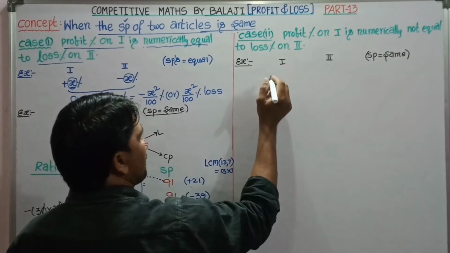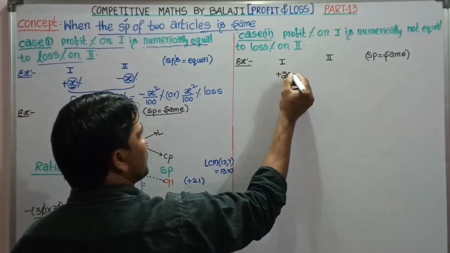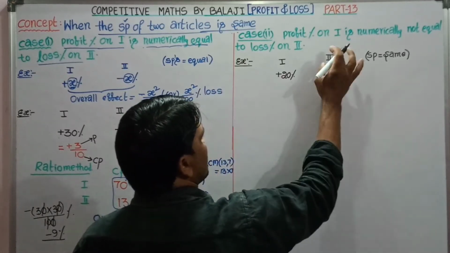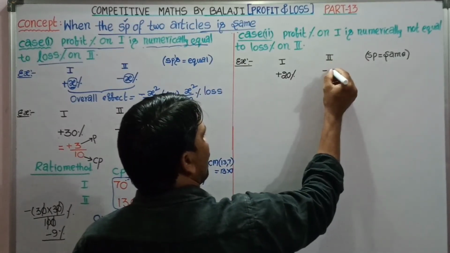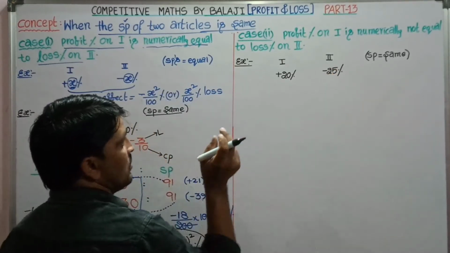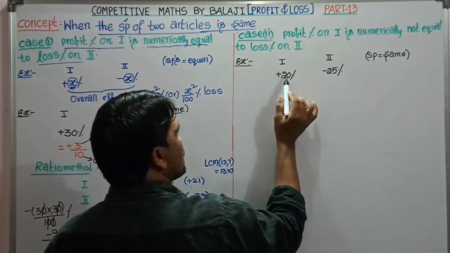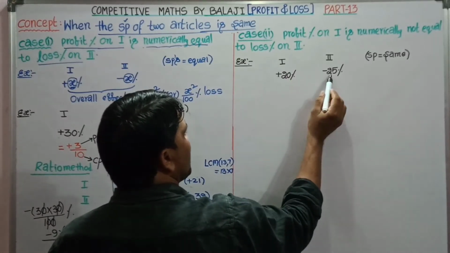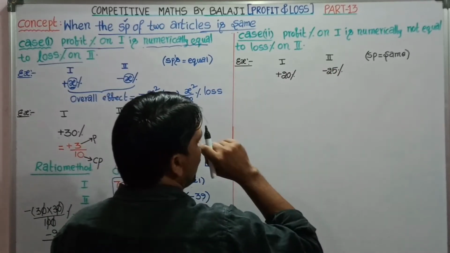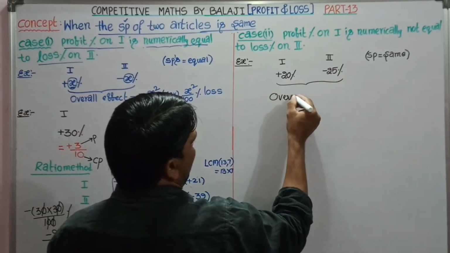On selling the first pen, we got 20% profit. On selling the second pen, we incurred 25% loss. That is, the profit percentage on the first pen is numerically not equal to the loss percentage on the second pen. Now we have to find the overall effect.